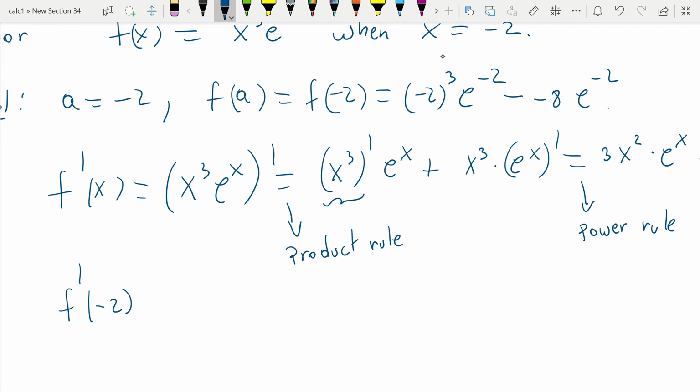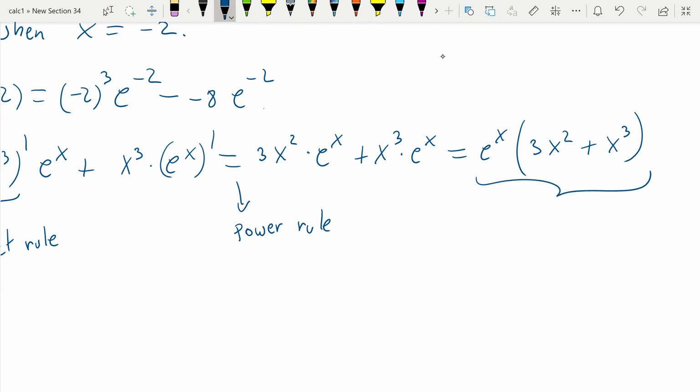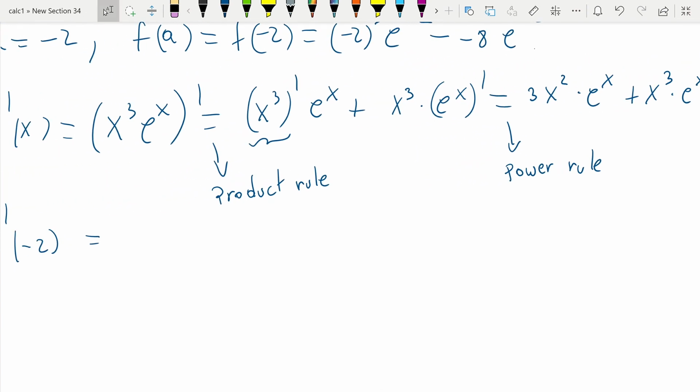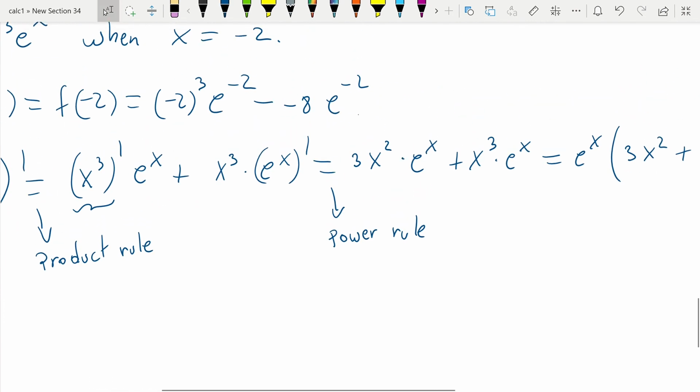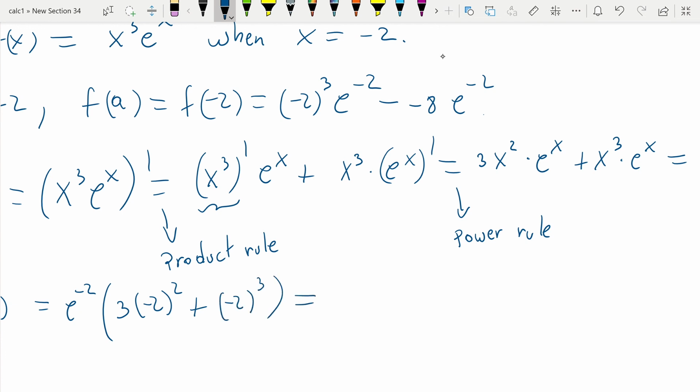So we simply need to evaluate this expression at -2. This is the derivative of f for any x, so we need to evaluate it at -2. We have e to the -2 times 3x squared plus x cubed. Well, 3 times (-2) squared is just 12, and then plus x cubed, so -2 to the third, which is -8.